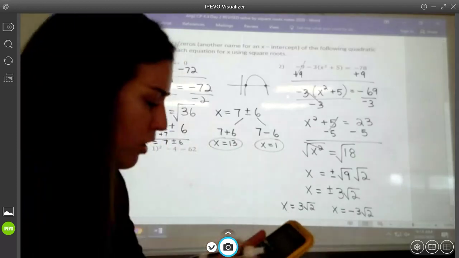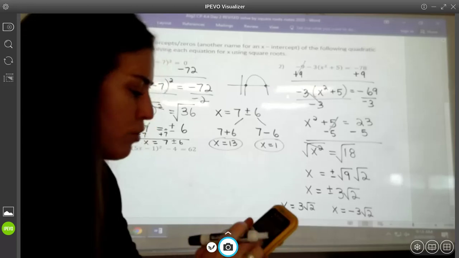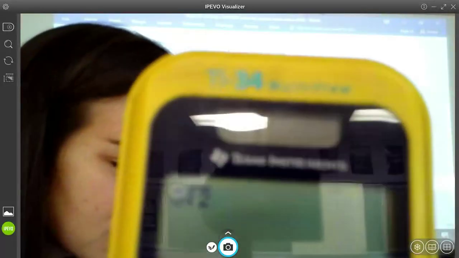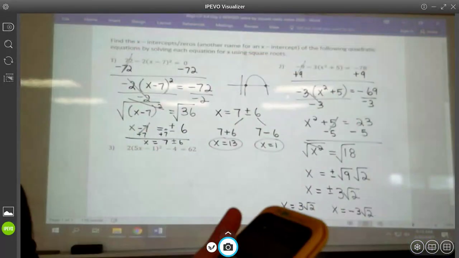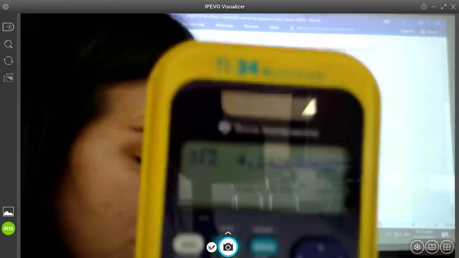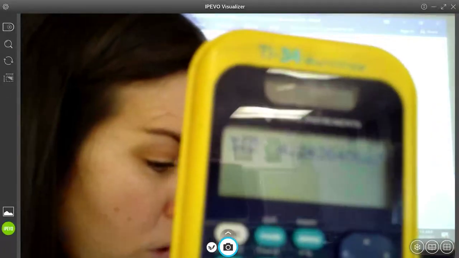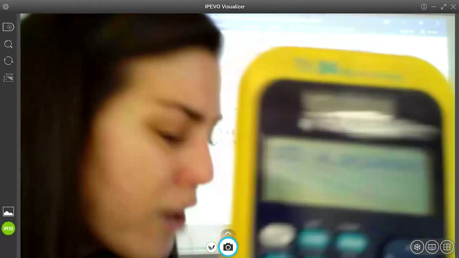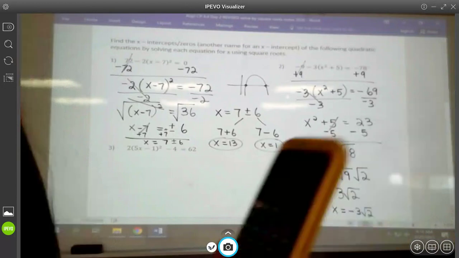If you ask your calculator, what is 3 times the square root of 2? There it is on the screen. Hit enter, and it's about 4.242640687.